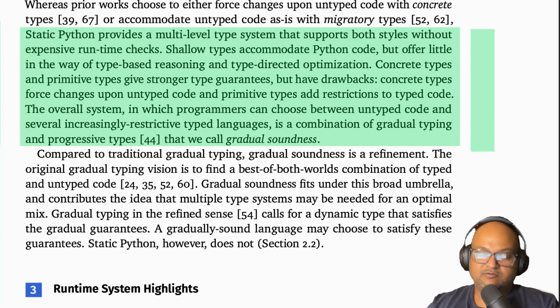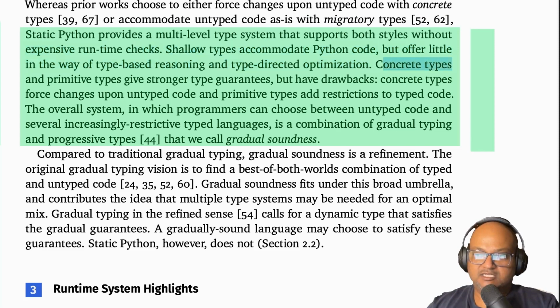Now note that what we have in static Python is a combination of the unsound gradual typing that we were used to and also increased soundness guarantees. The authors call this a multi-level type system. The old style types that the authors called shallow types are backward compatible with existing Python code, but can't be used for actually optimizing the performance of that code.